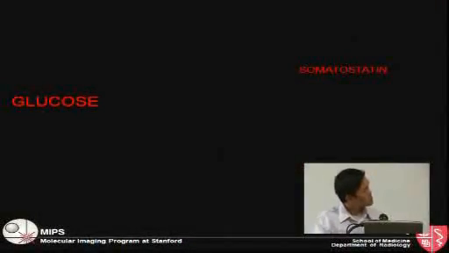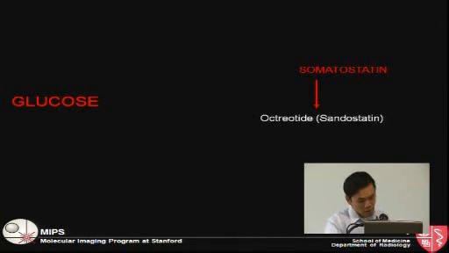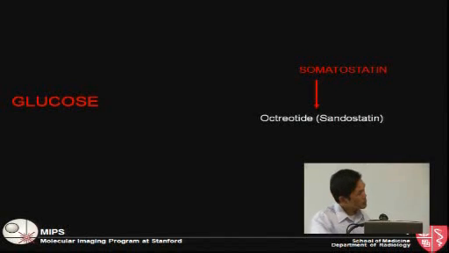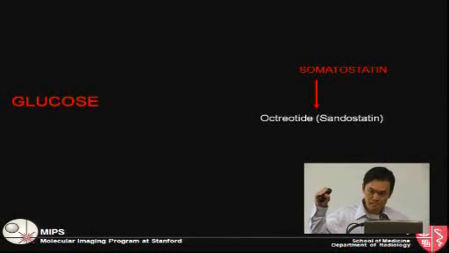In fact, with somatostatin, for example, we have made an analog called octreotide, or Sandostatin is the trade name. Octreotide looks like somatostatin to a neuroendocrine tumor cell or any other cell, and it binds to the somatostatin receptor on the cell surface. Okay?